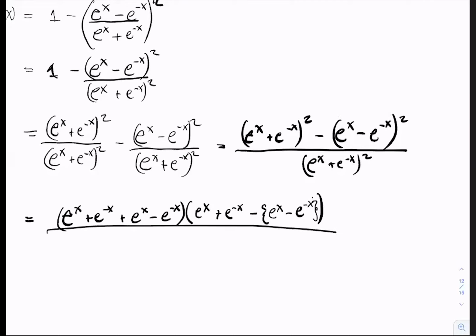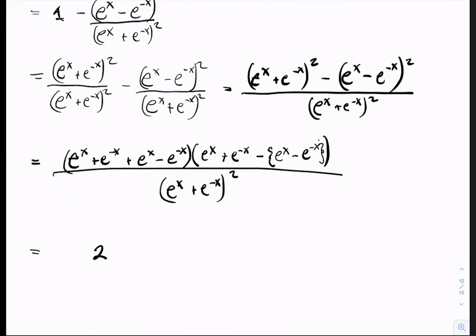And that is all being divided by (e^x + e^-x) squared. So if we simplify our numerator further, what we realize is that we have 2e^x times 2e^-x.